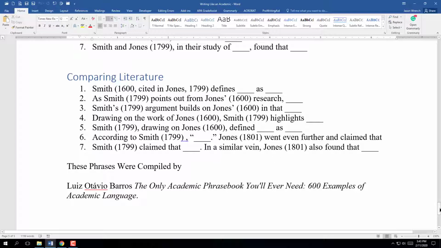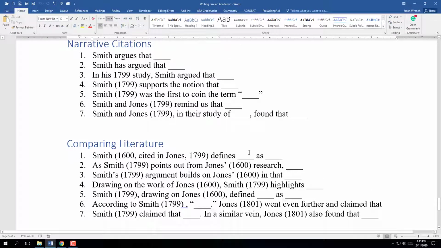So again, I like this little book because it just shows you some of the ways that researchers generally talk and phrase a lot of the things that we do and how we write literature. And so you'll notice that a lot of this is pretty straightforward. And I know if you've never written a literature review, it is definitely a daunting and scary task.